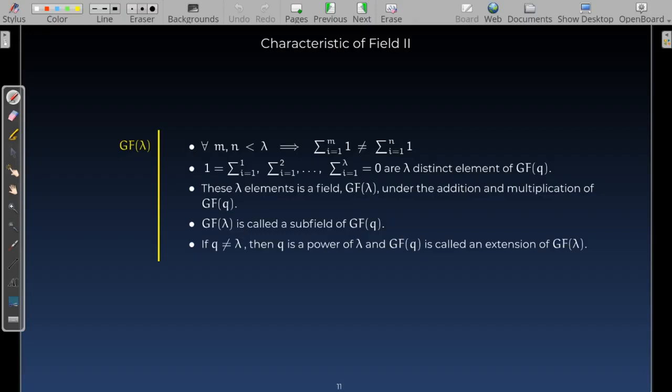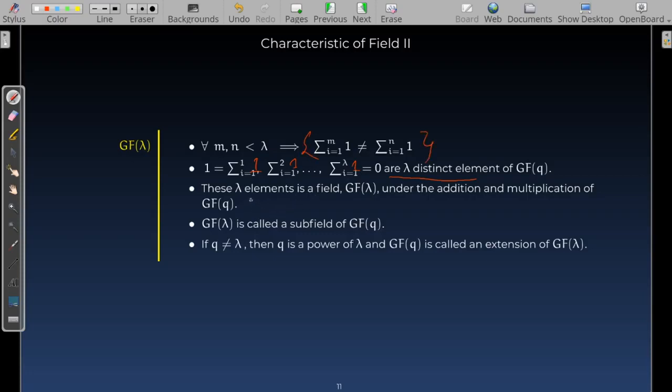Now all these summations, from i equal to 1 to 1, and then another summation i equal to 1 to 2, and so on, all these summations of the unit element should be distinct, because if using the previous, this is always going to be different, right?